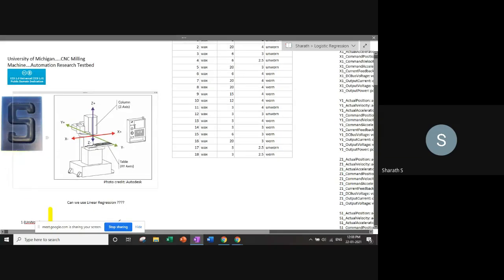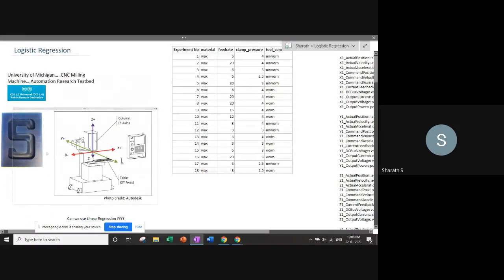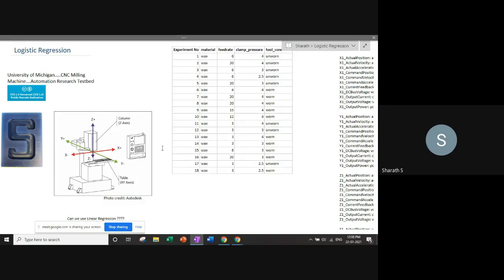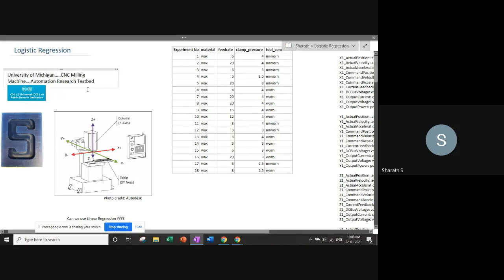I'm again taking one of the examples which I have worked on. In the course Colab notebooks, you'll be looking at an example which is relevant in the electronics field. Here we had some experiments conducted on CNC machines, and there are certain X values: the material, feed rate, and other stuff. We don't have to worry about that.